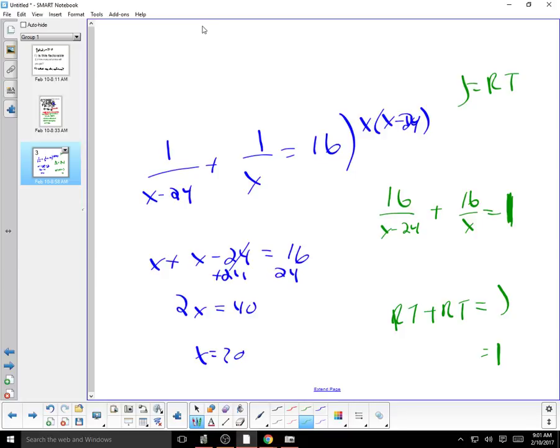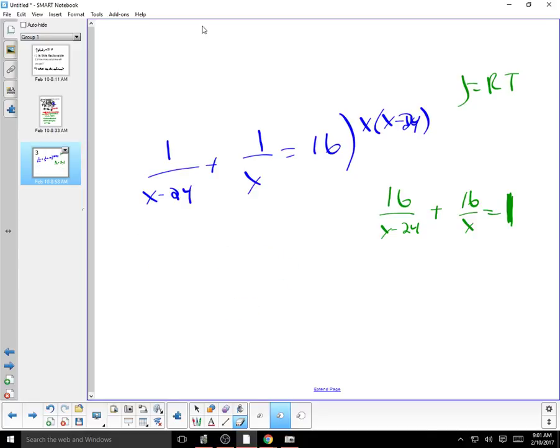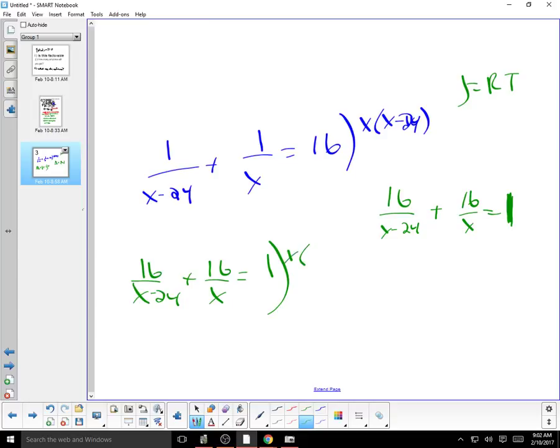All right, so 16 over x minus 24 plus 16 over x is equal to 1. I'm going to have to start doing these for homework now.